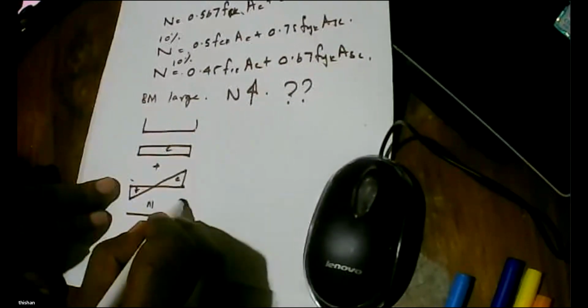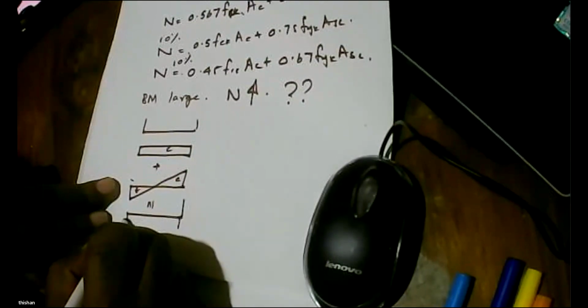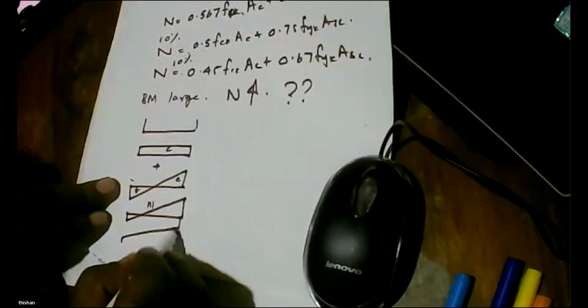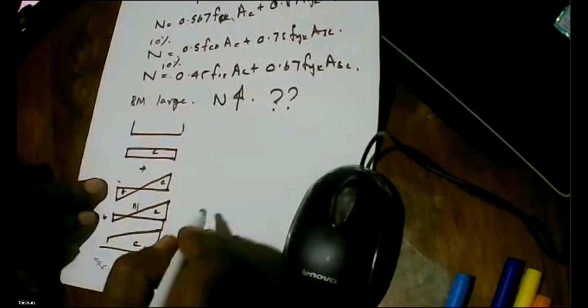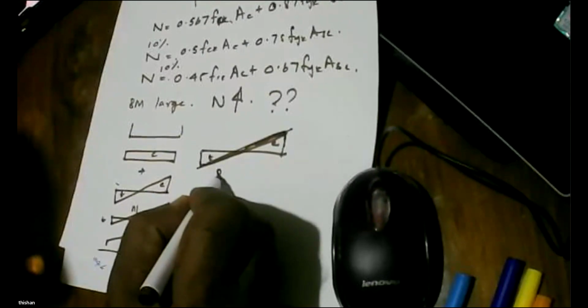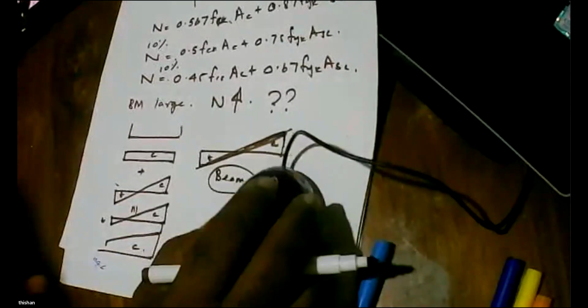So a lot of compression and a little bit of tension, or the whole thing in compression, or it can be a significant level of tension as well. That is also a possibility. So only a little axial load, and now it's more like a beam. So beam behavior is captured.